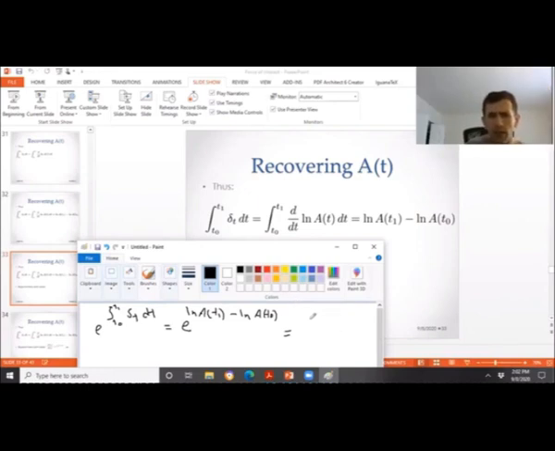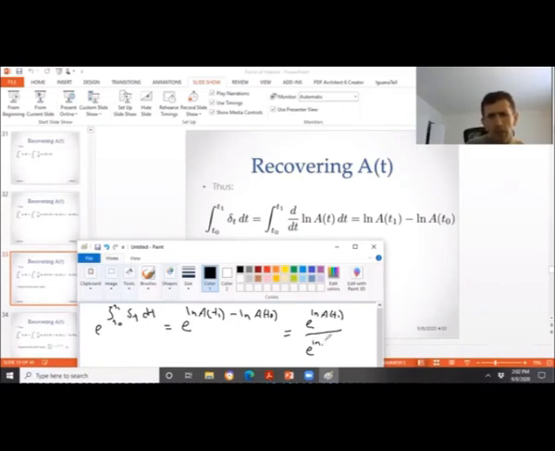So it's going to be e to the ln a of t1. And I'm just doing this so that it doesn't look like some weird magic on how I solve for a of t1, which is what we really want in terms of a of t0.